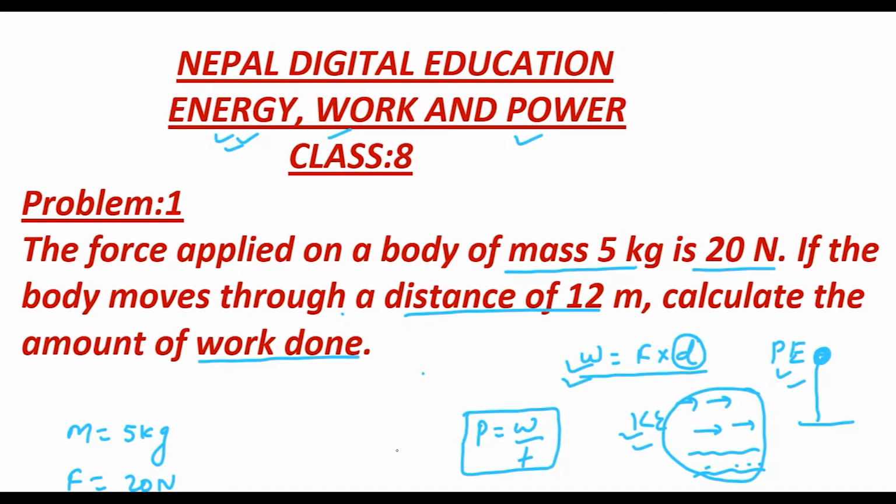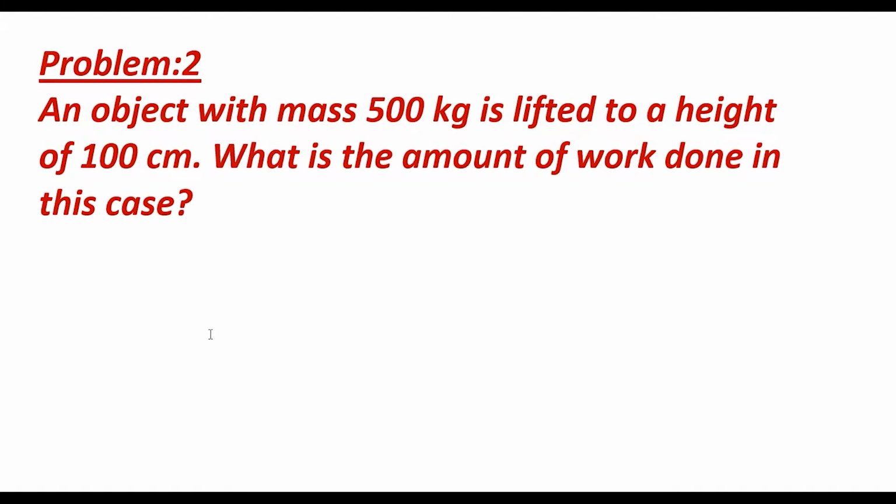Let us move to the next problem, problem number 2. In this problem, we have an object with mass, lifted to a height. What is the amount of work done in this case? First of all, write the given.